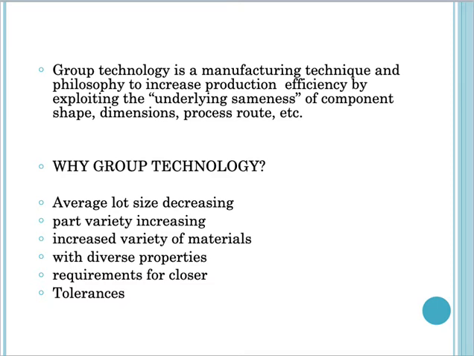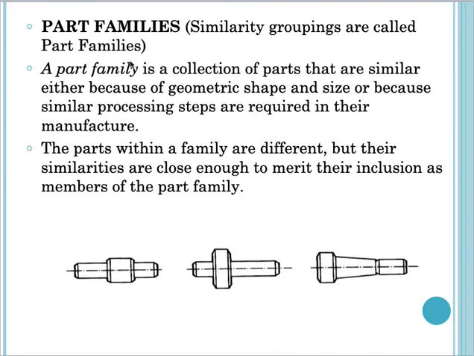Part similarities are of two types: design attributes, such as geometric shape and size, and manufacturing attributes.